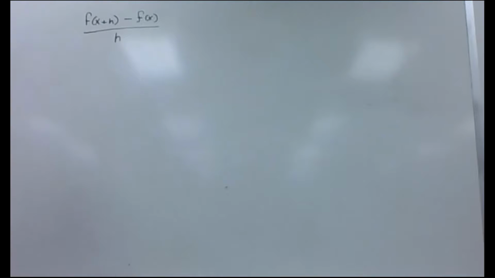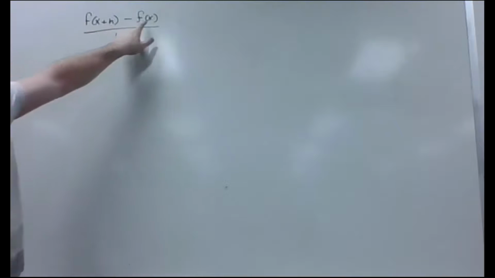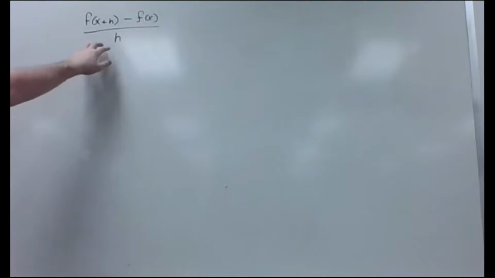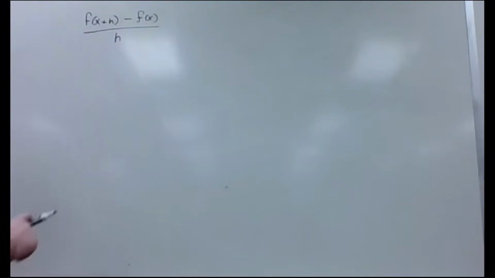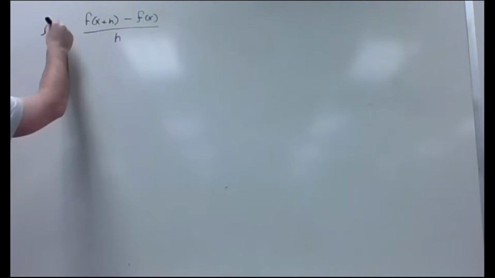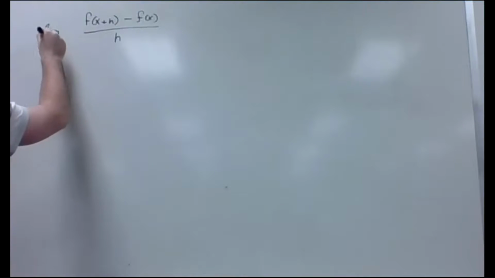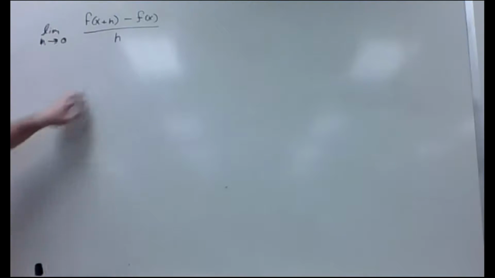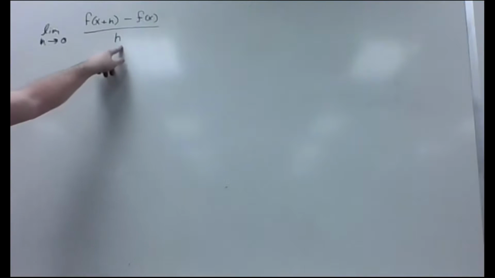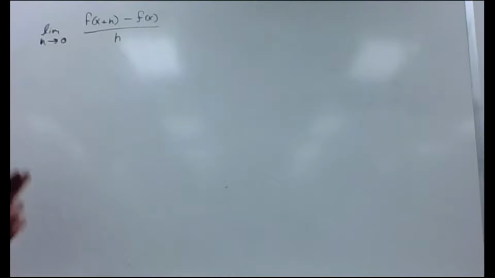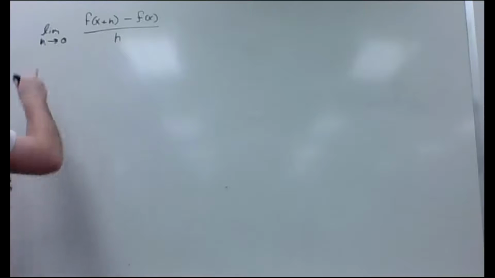It's basically saying that we have this function, we're going up a little bit, and we're subtracting the original function, divided by the amount we went up. This is the little bit of change we're doing. So when we take the limit of the difference quotient as h approaches 0, as the amount we're changing gets smaller and smaller, this is a derivative.